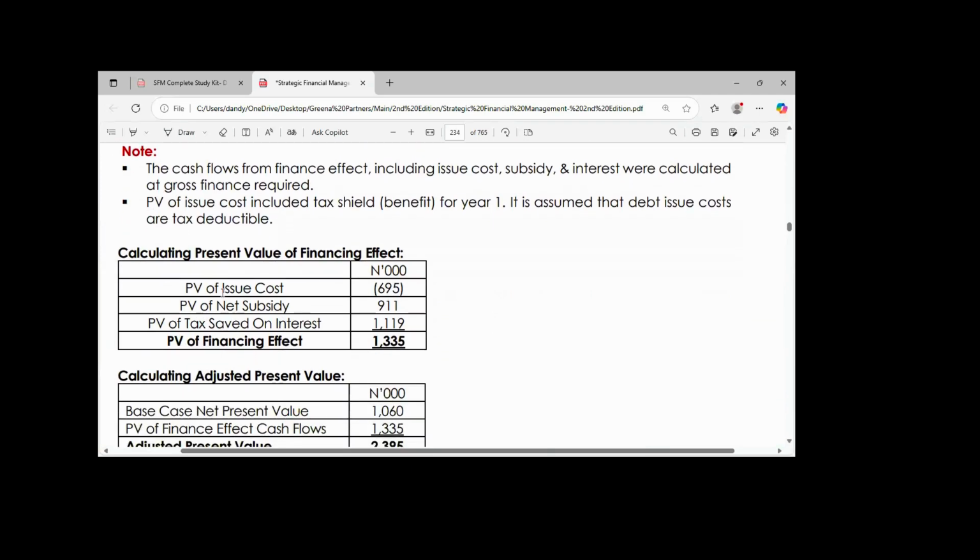Therefore, the PV of financing effect, of course, these are the components. The first item will be the PV of issue cost, which is minus 695, PV of net subsidy, which is 911, PV of tax saved on interest, which is 1,119. When you add up everything together, we have 1,335,000 positive. So which means that the financing effect contributed 1,335,000.